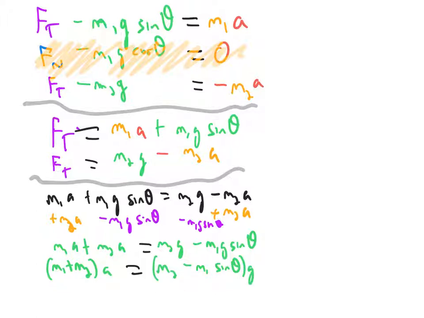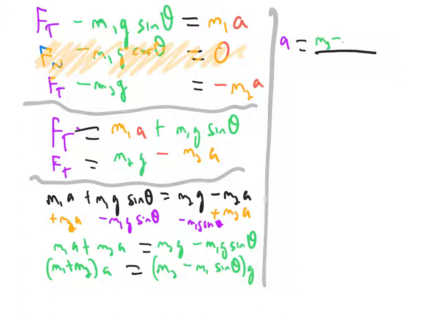And so I can now combine, and I can say something like a is, and we're going to get something kind of weird. It's going to be a fraction where the top of the fraction is m2 minus m1 sine theta, and the bottom of the fraction is m1 plus m2, and then all of it is going to be times g, which is not surprising. It's sort of a factor of g, because g is what's causing everything to happen here.